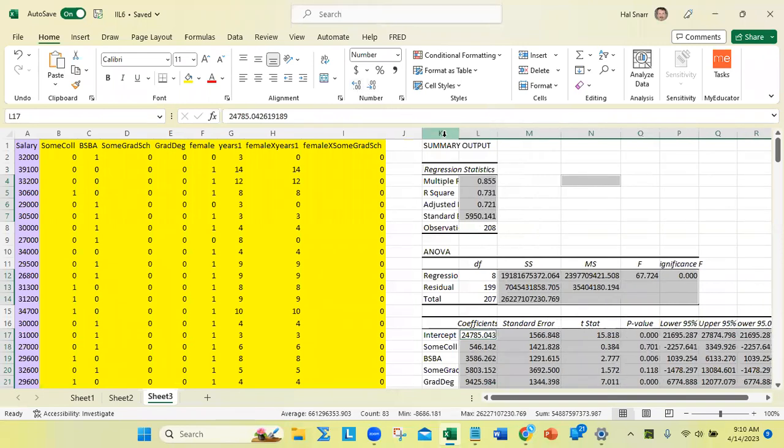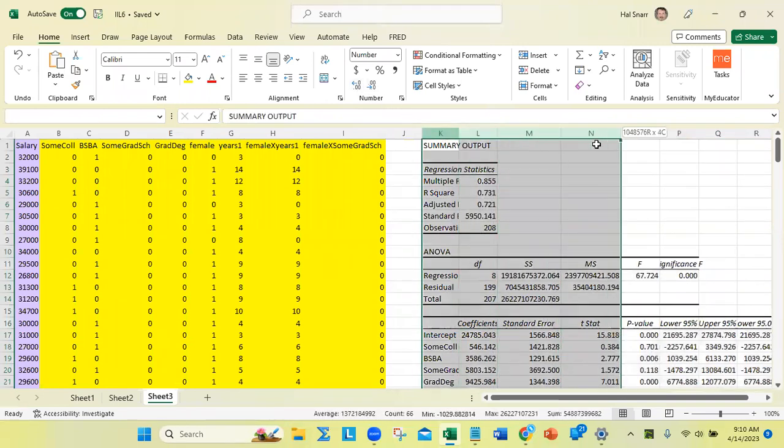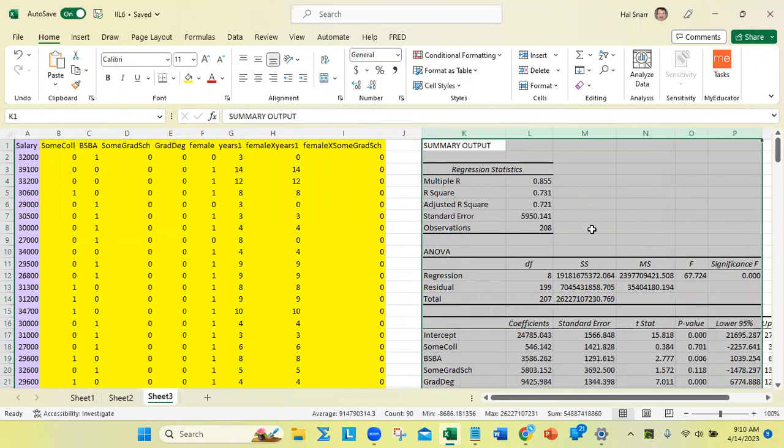Okay. Now I'm going to auto fit the table output. I'm highlighting K through P. Halfway between K and L, I'm going to double click on the line that separates K and L to auto fit. Okay, now that looks good.